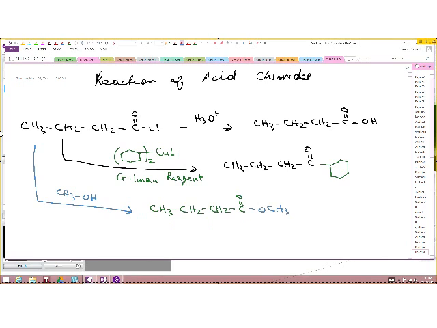You could also react with a carboxylate ion. For example, here we have this. We react with that to give you anhydride.